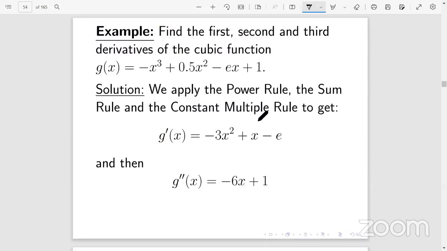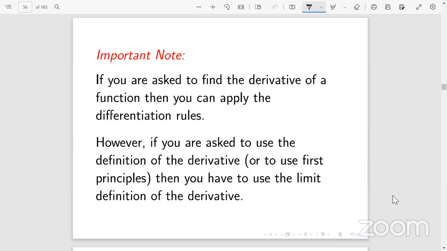We are asked to find the first, the second, and the third derivative. To get the second derivative, we differentiate what we have here again, and to get the third derivative, we differentiate again. Differentiating minus 6x plus 1, we get minus 6. So that is about the power rule.